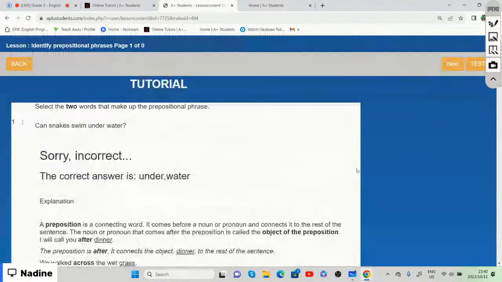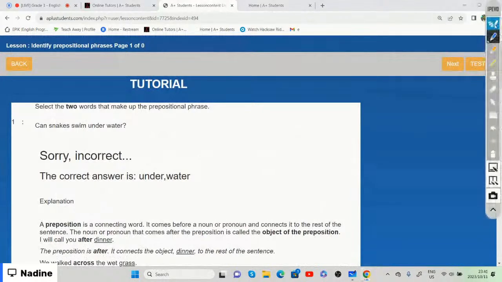All right, so if we select the two words, that is the prepositional phrase, and we can say under and water. So it is basically under and it is water. That is our prepositional phrase.